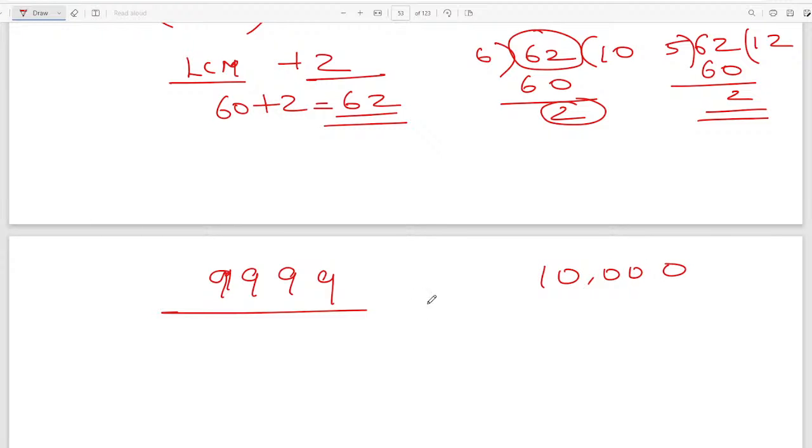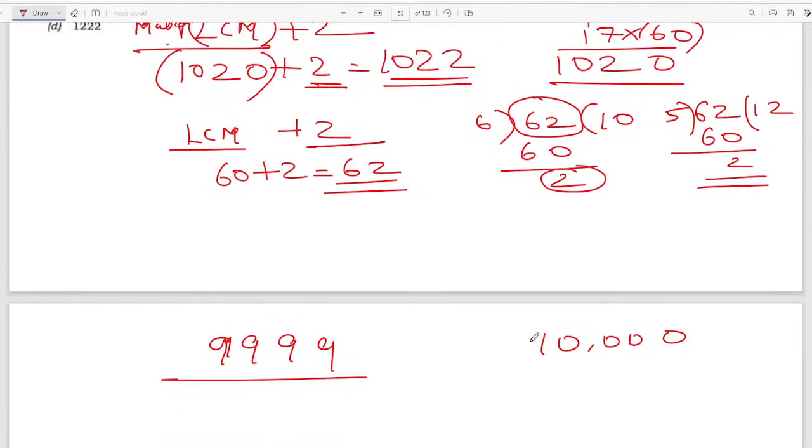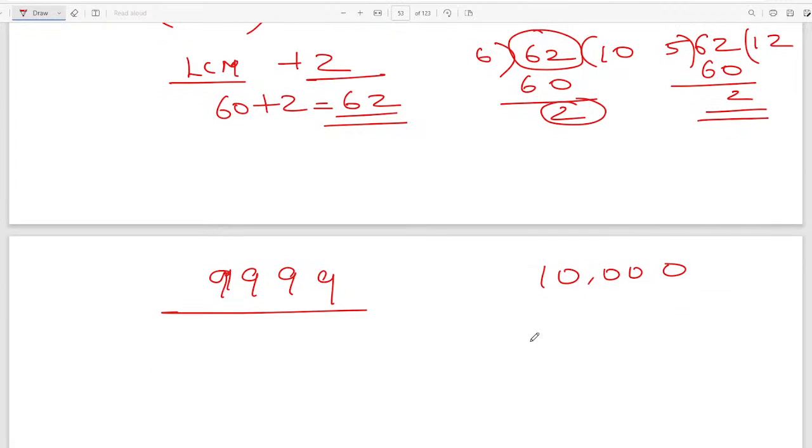So 60 into 100 is 6,000. 60 into 50 is 3,000.